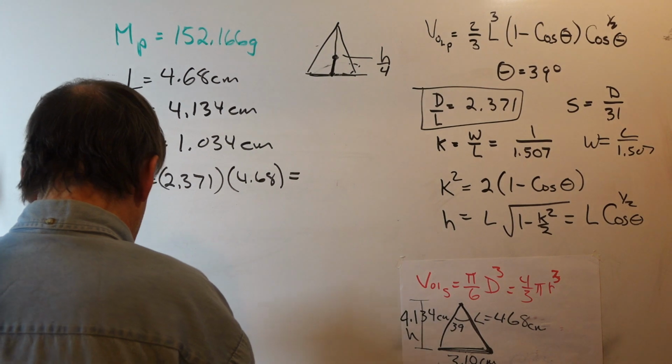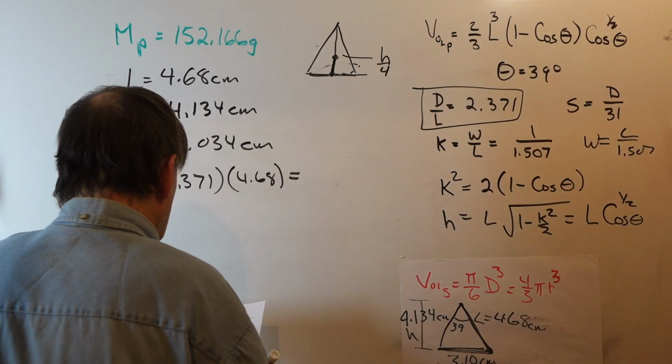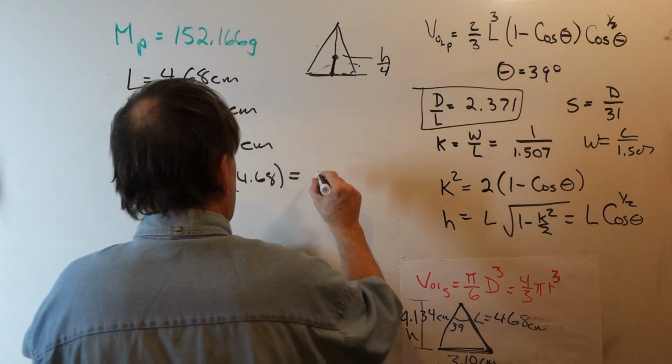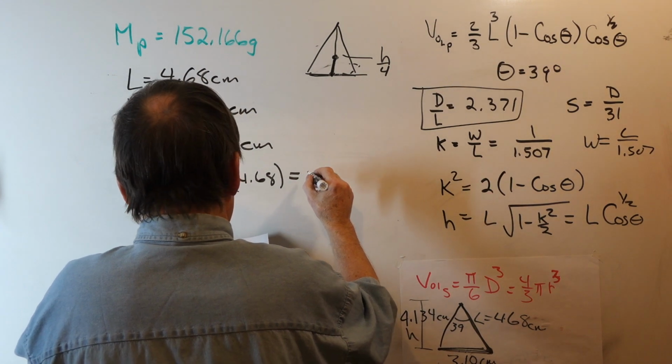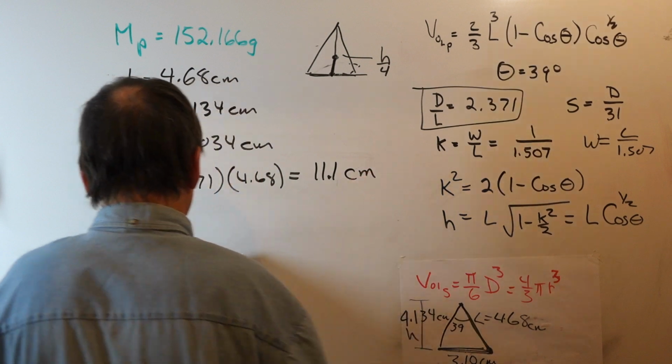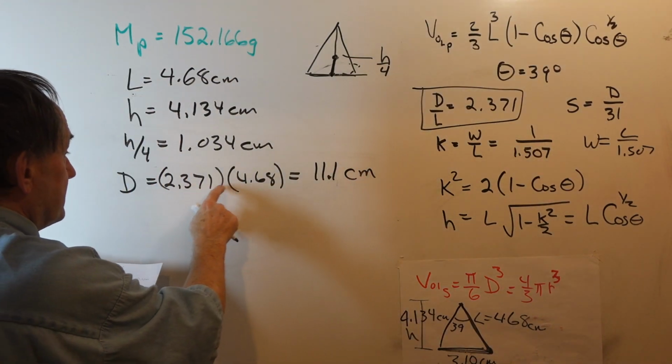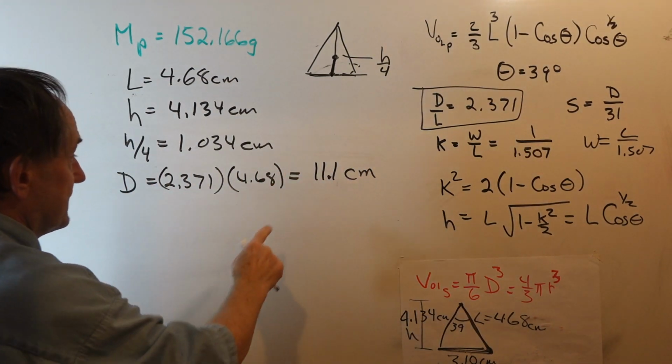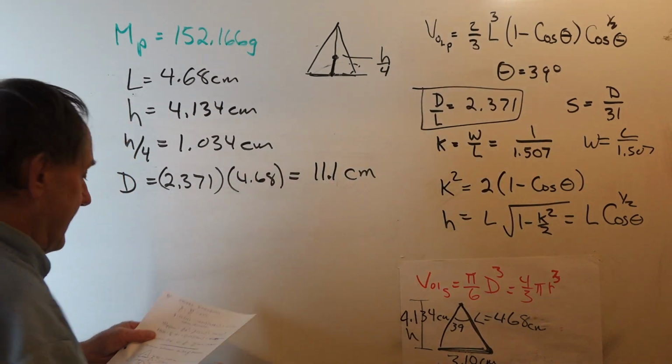So the diameter then is 11.1 centimeters. 2.371 times 4.68 centimeters. So that's our sphere diameter.